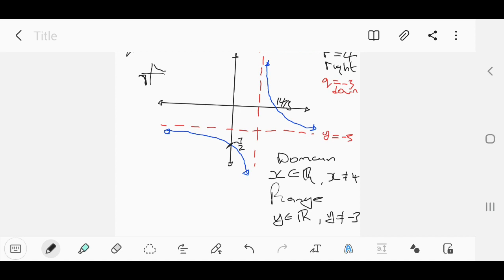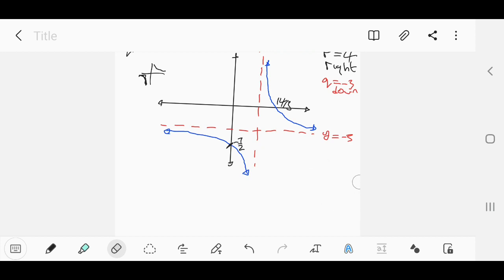Now, there are two axes of symmetry. Symmetries are like mirrors, right? This graph has got two axes of symmetry. There's an axis of symmetry with a positive gradient. Remember, when a line has a positive gradient, a straight line, it's going to increase like this.